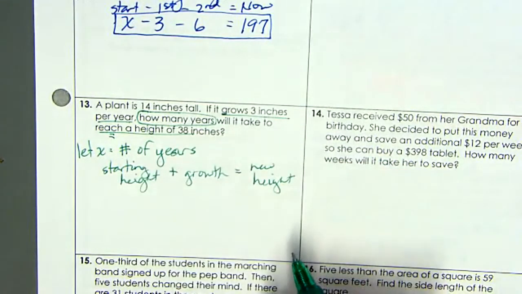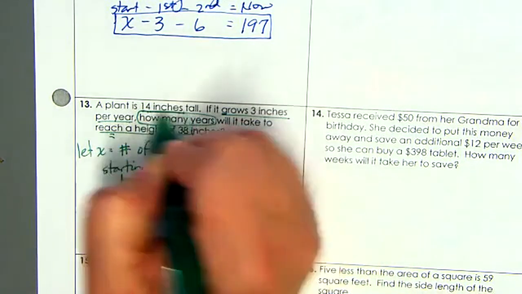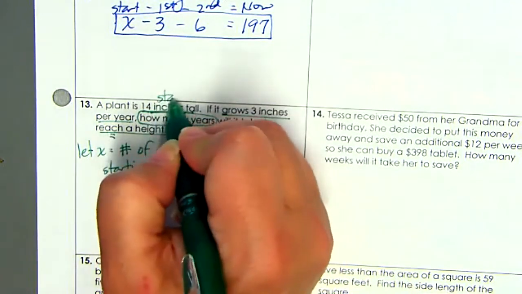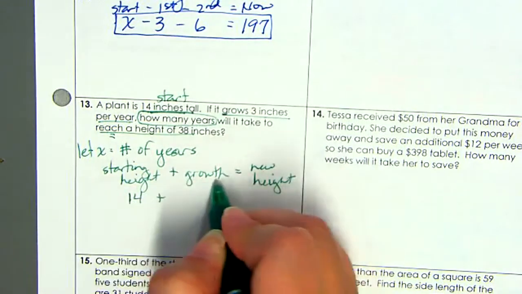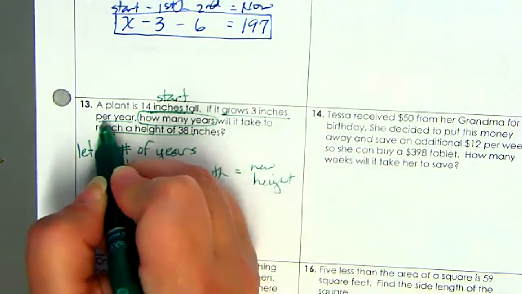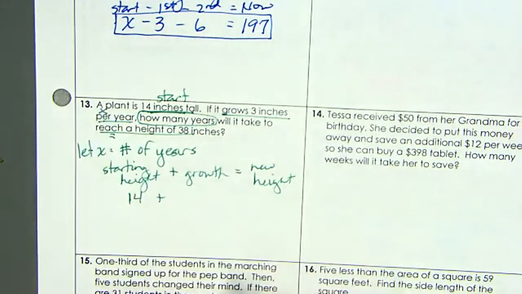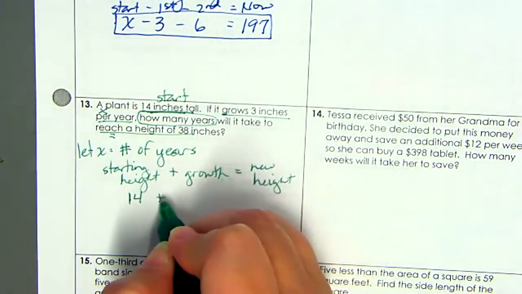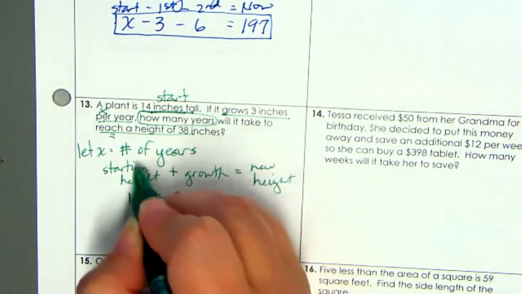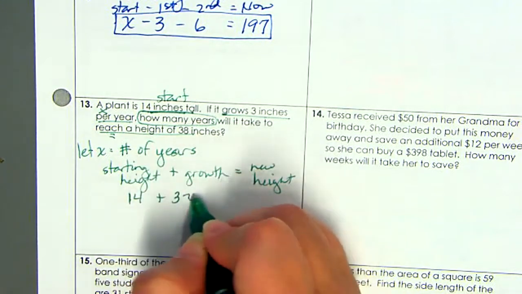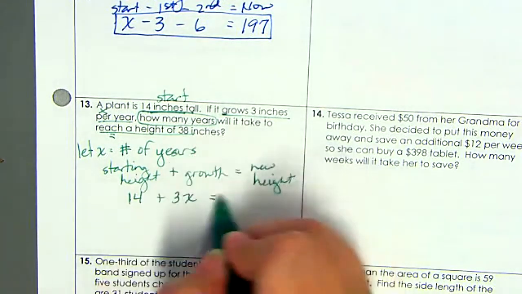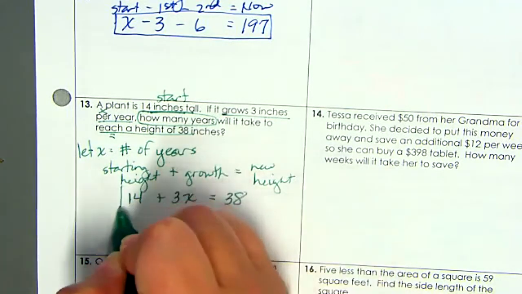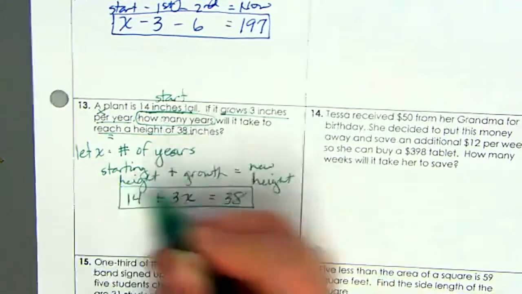What's the starting height? The 14 inches is the start. So I have 14 plus, well, how does it grow? It grows 3 inches per year. That shows multiplication, so it's going to be 14 plus 3 times the number of years, so 3x, equals what's my new height? 38. There's my equation.